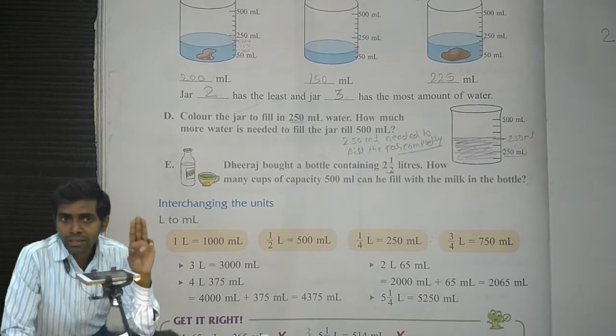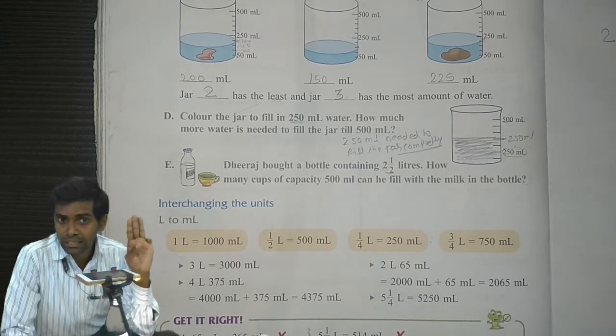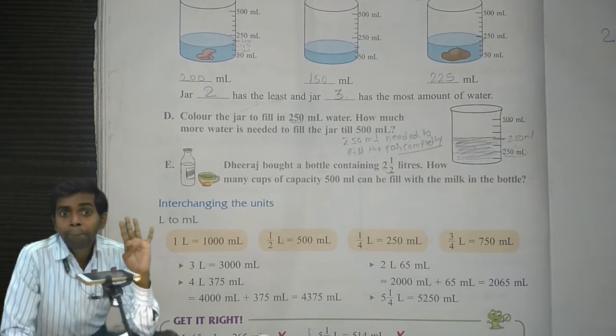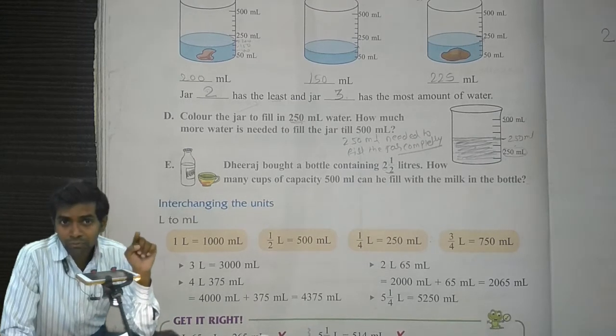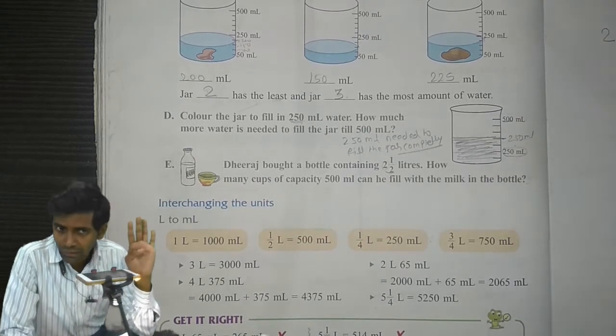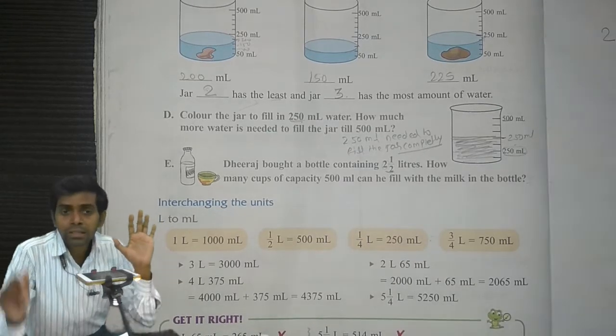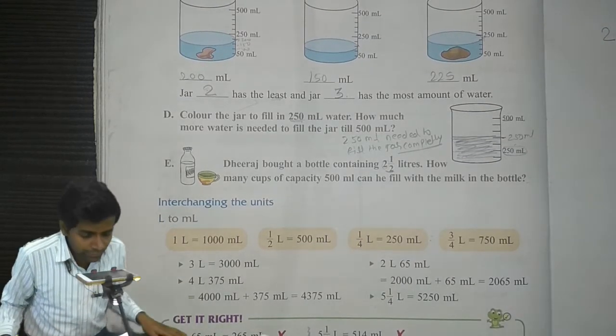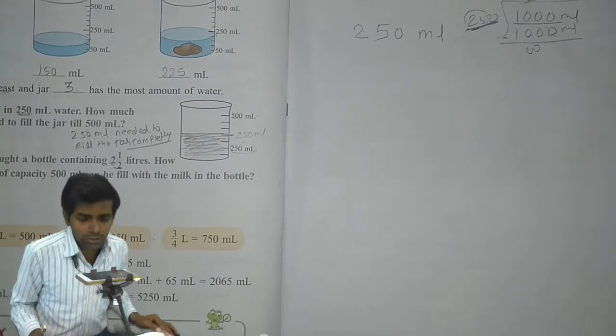Then 1500 milliliters, 2000 milliliters and 2500 milliliters. That means each time 500. So 500 plus 500 plus 500 plus 500 plus 500. बहुत ही easy है. Let's solve this question.